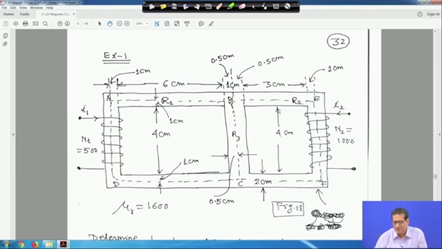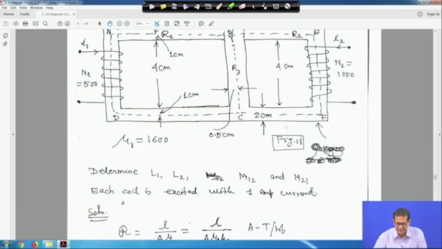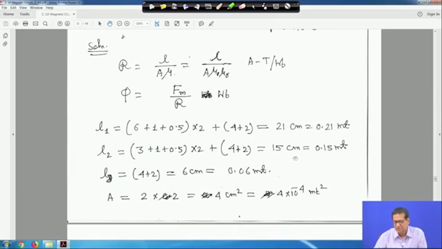Then plus 4, this side is 1 because here it is marked 1, and this side is also 1 centimeter. So 4 plus 1 plus 1, it is uniform. So here L2 is equal to 15 centimeter, 0.15 meter.